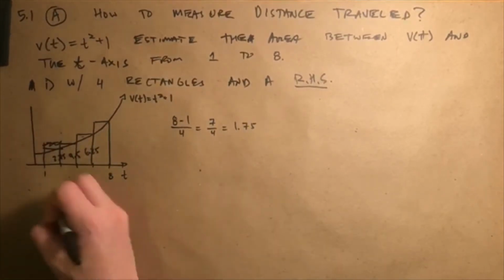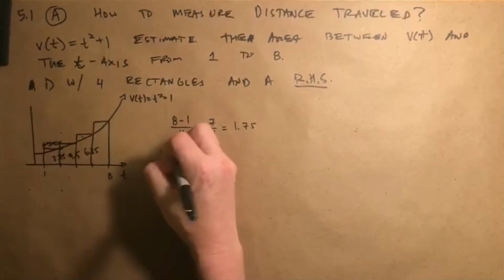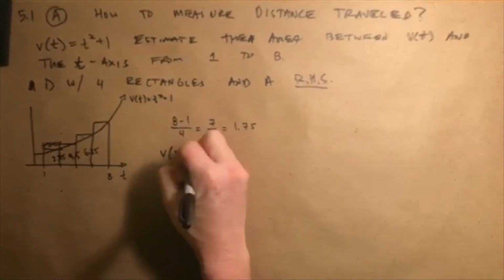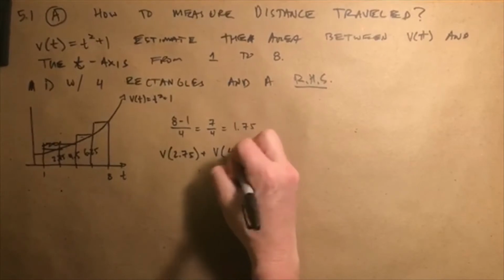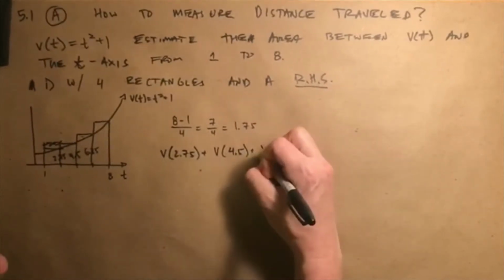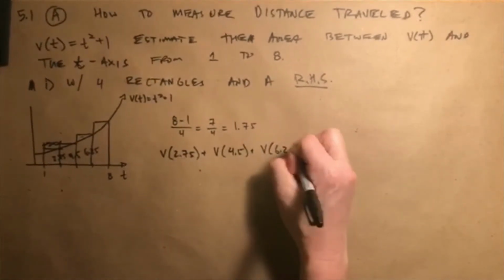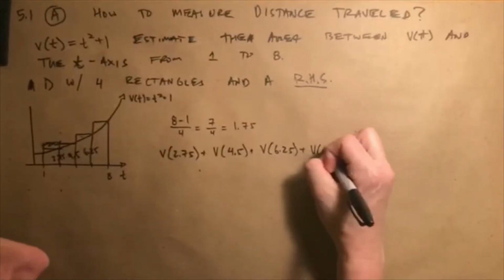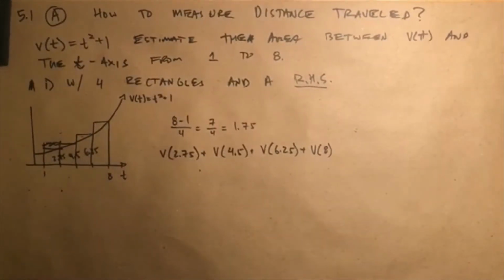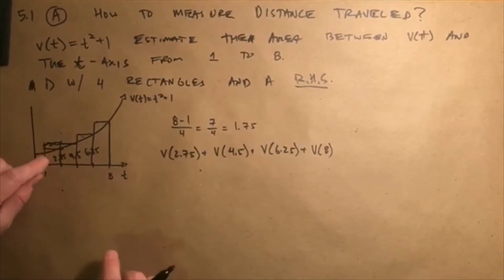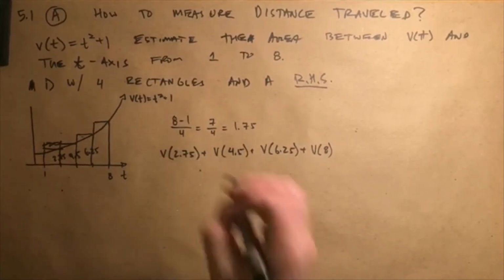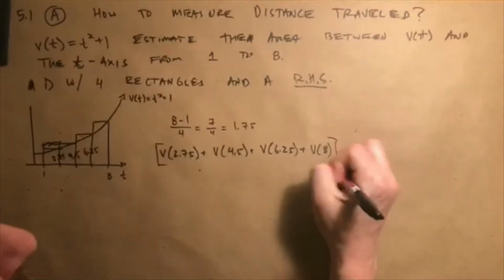And so I could write this as v of 2.75 plus v of 4.5 plus v of 6.25 plus v of 8. And I know what you're thinking right now. You're like, oh my goodness, Paul, you forgot to think about these little areas because the rectangle is going to be the base times the height. I say, don't worry about that.